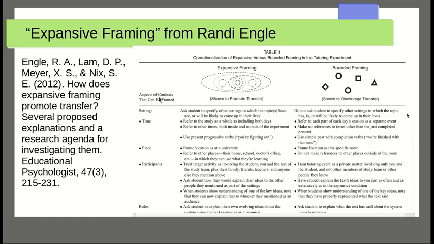And so the setting in which learning is happening in terms of time or place or participants or the roles they play are all important here. And one way to deal with that, if we talk about expansive framing, is it's also got a list here of things to draw students' attention to other settings.